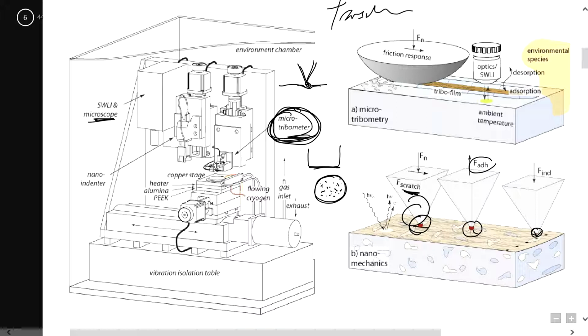Each of these things over here, I believe, has a certain probing sensor or whatever, so they can measure at the micro level. Therefore it's called a micro tribometer. It allows certain oxygen flow, gas inlet, exhaust. So I think they're trying to make an environment, to simulate an environment, and so on and so forth.